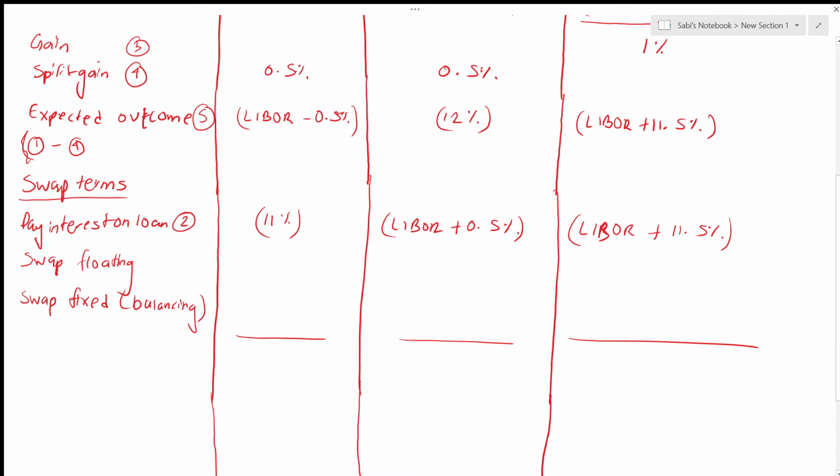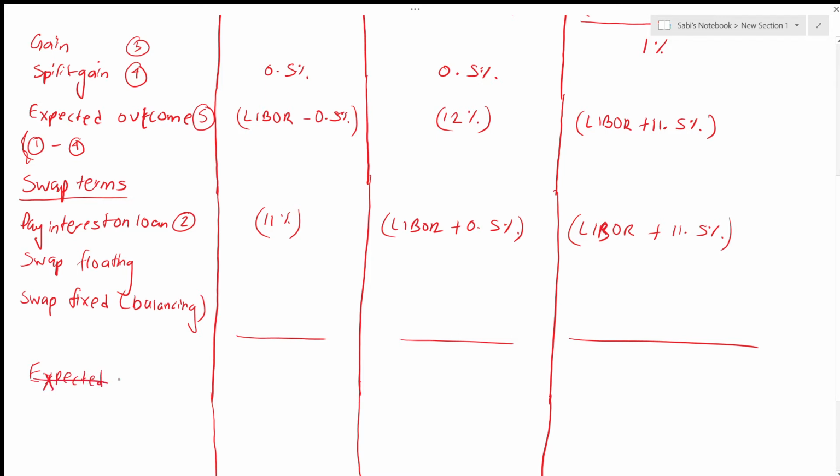Okay, so what was the expected outcome? Number 5, right? Here also you have to get the same expected outcome, or your net pay, you can say.